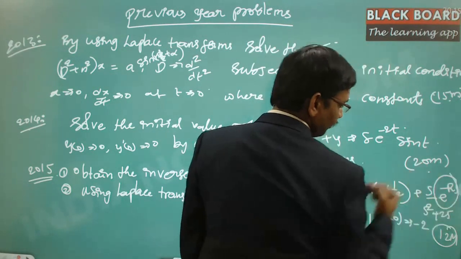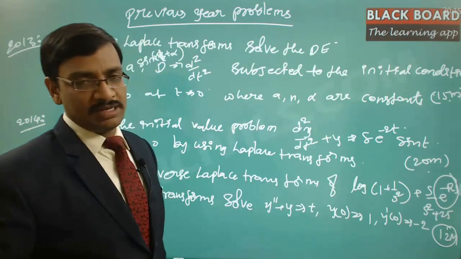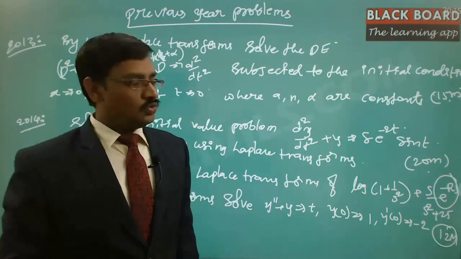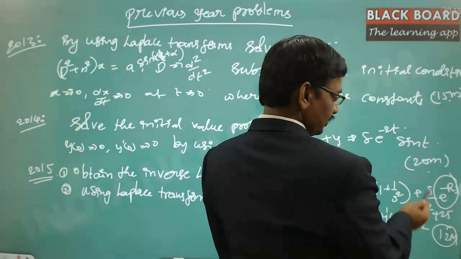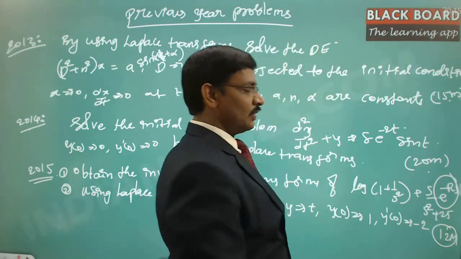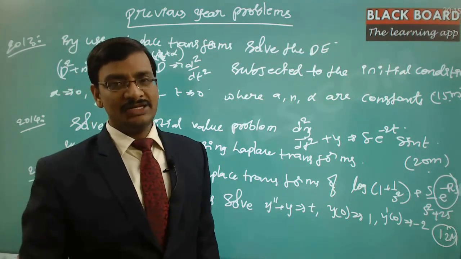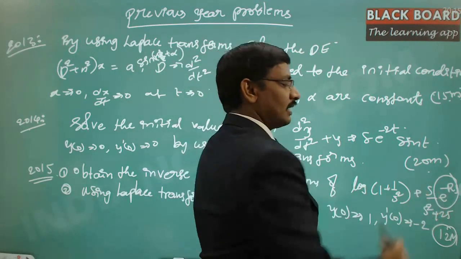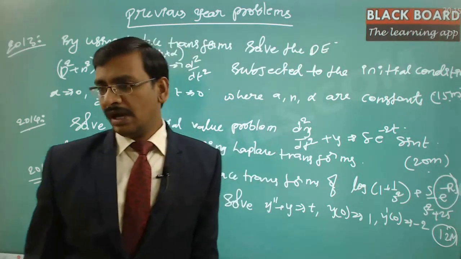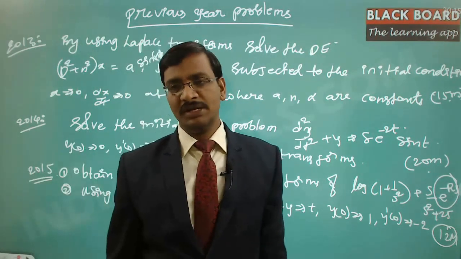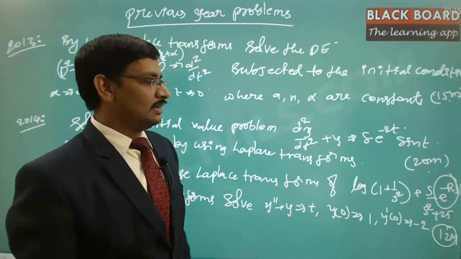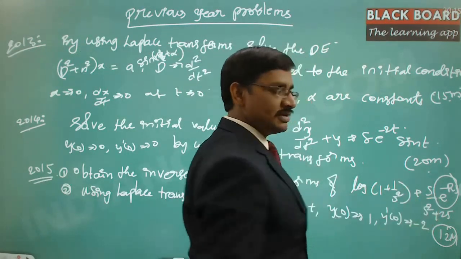If there is a multiplicative factor of e power minus as, then you find out the Laplace inverse of this function s by s square plus 25, which is nothing but cos 5t, and then that t needs to be replaced with t minus r. That is the only difference. And then you need to multiply u of t minus r. So that function, we can find out the L inverse value here.